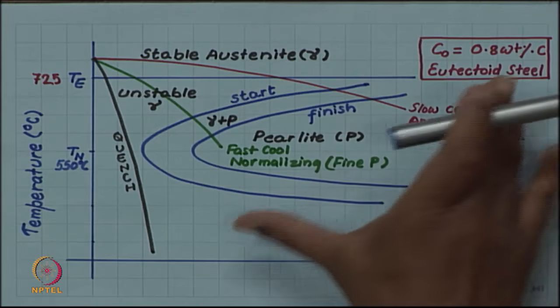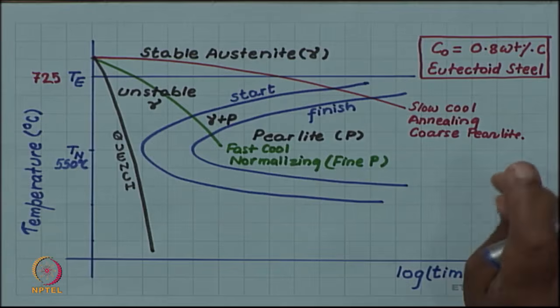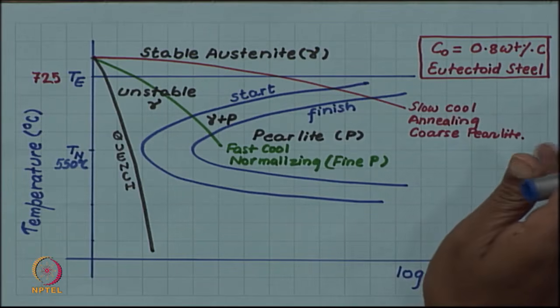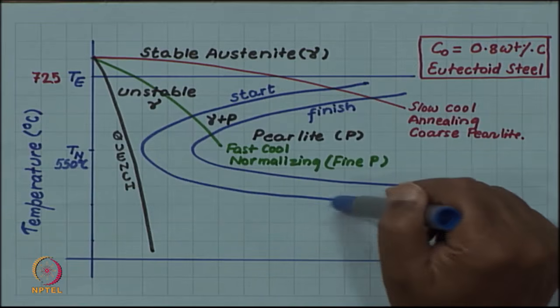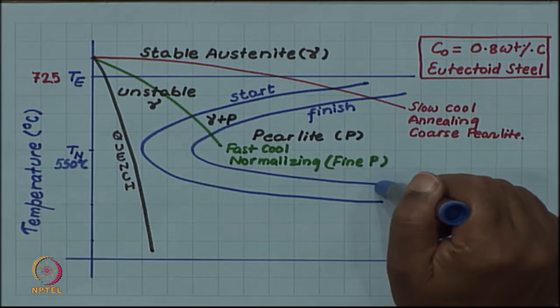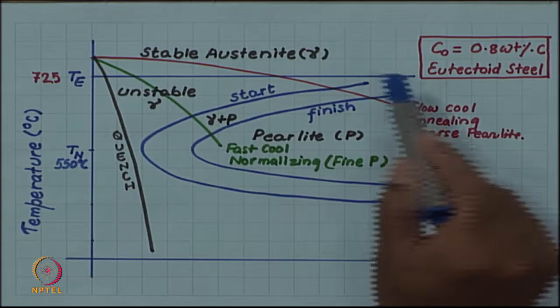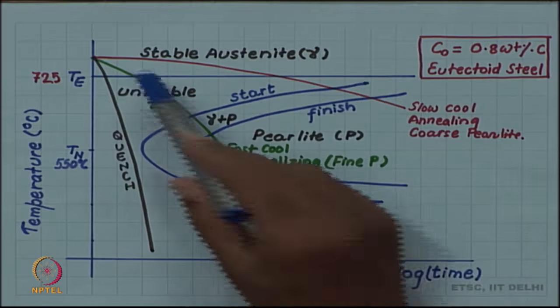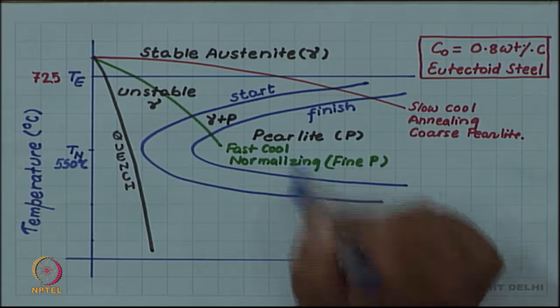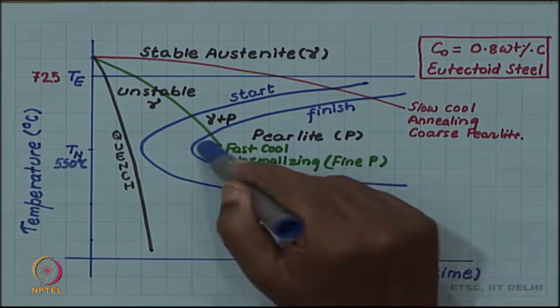Recall we had a similar situation in the liquid to solid transformation, where we had C curves for start of crystallization and finish of crystallization. There also, if we cooled slowly, we got coarse grains, and if we cooled faster, we got fine grains. So, these situations are analogous.